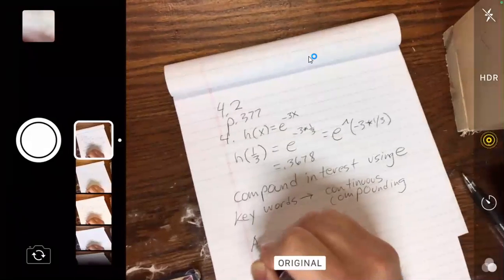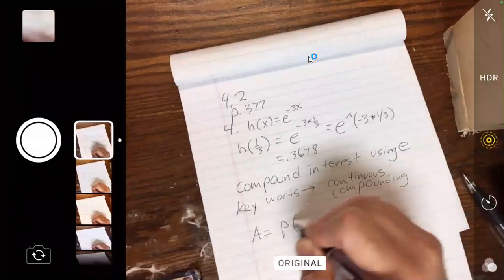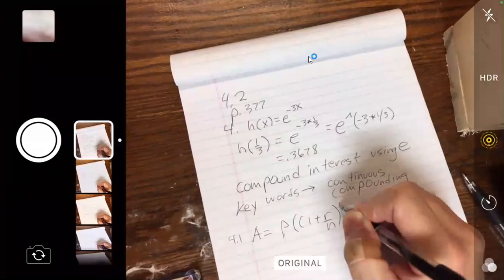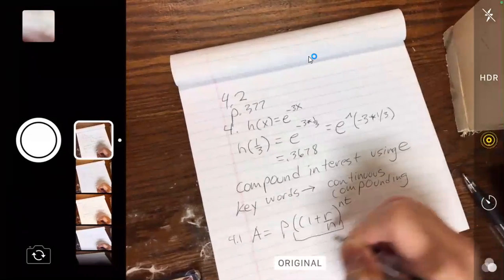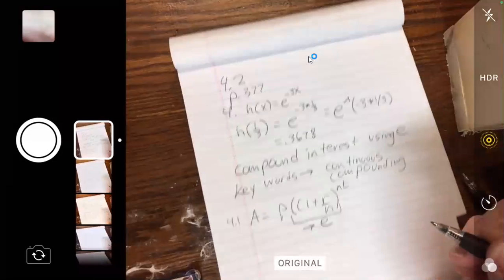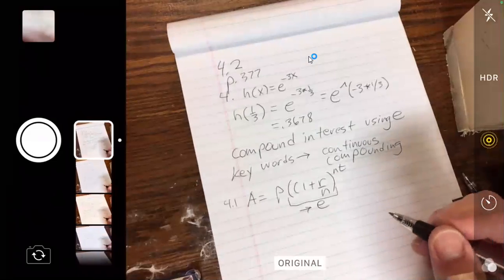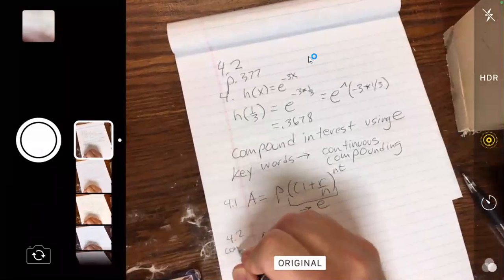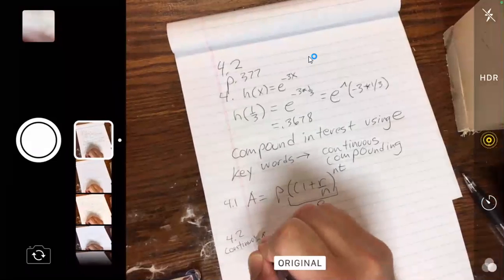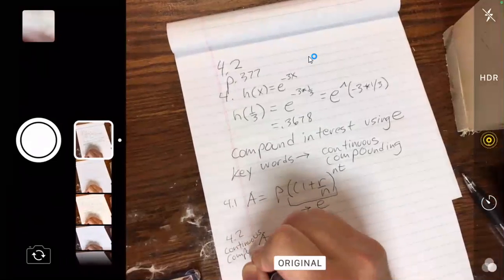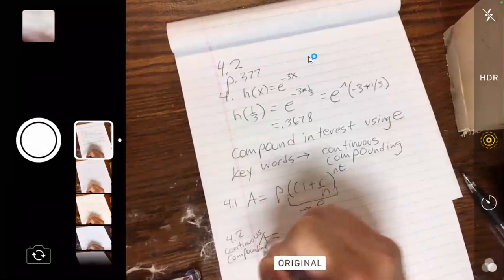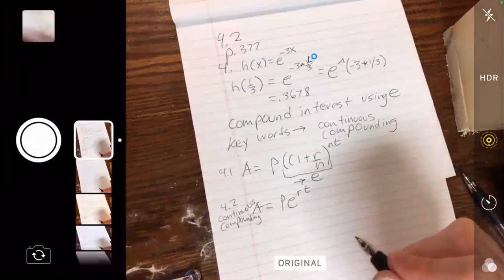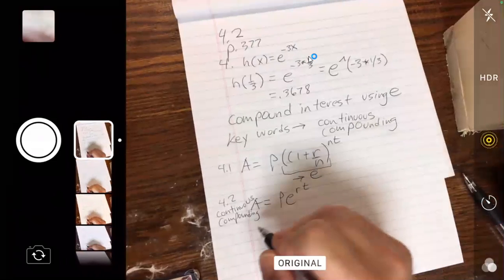In other words, you're taking your standard formula from 4.1, the 4.1 formula, with n raised to the nt, and this center goes to e. And your formula becomes, under 4.2 continuous compounding, P e to the RT. So we can try problem 33.